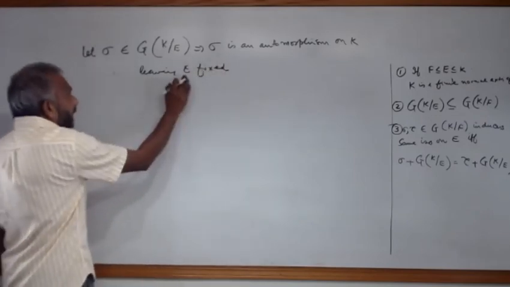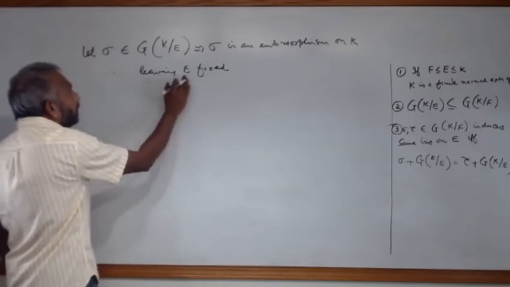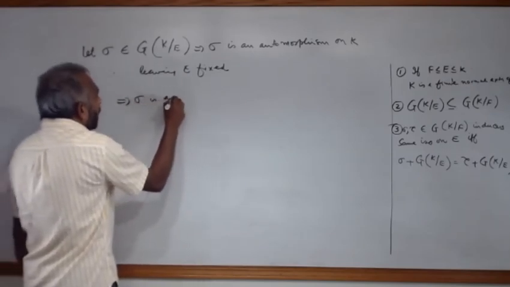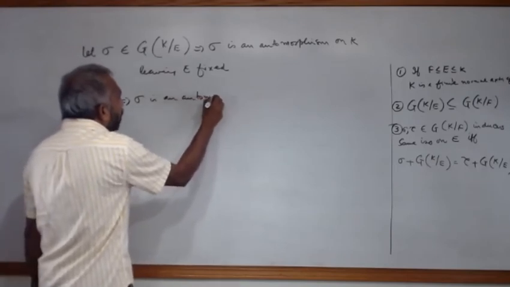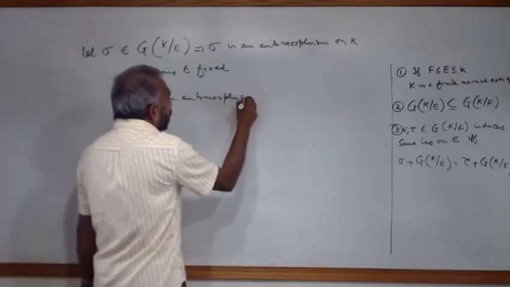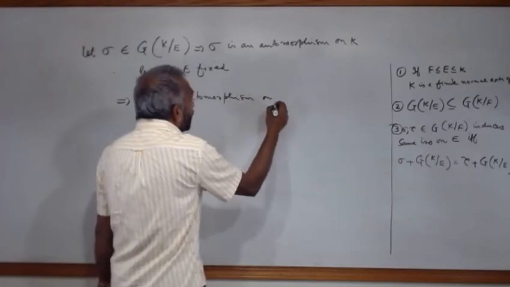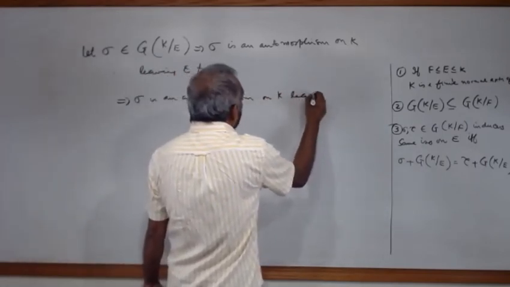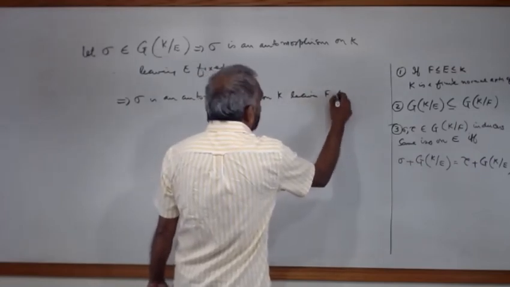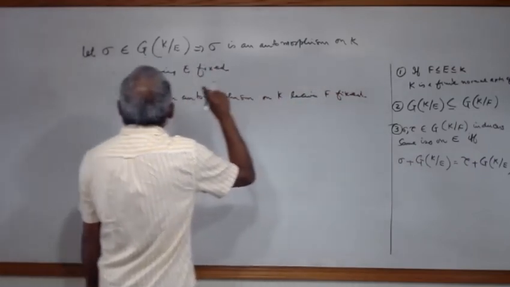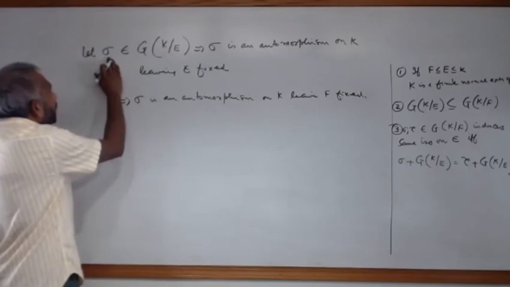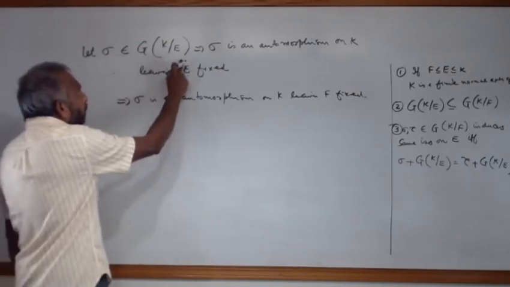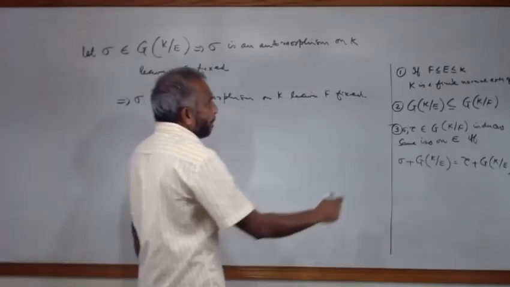When it leaves E fixed, definitely it is going to leave F fixed, and that implies sigma is an automorphism on K leaving F fixed. That only means this is a subset of this group.